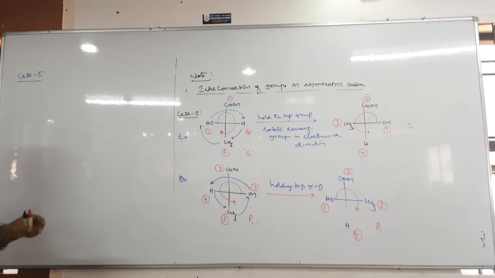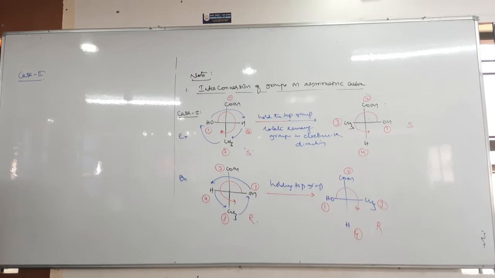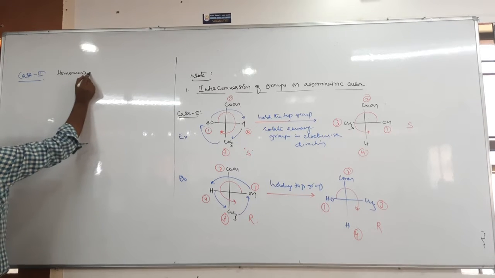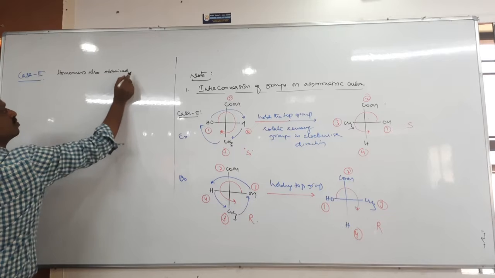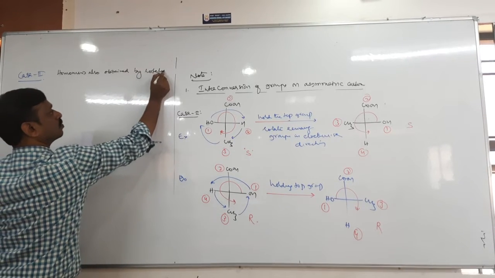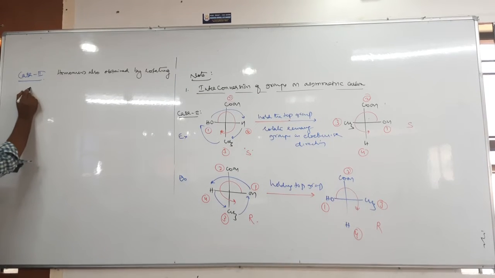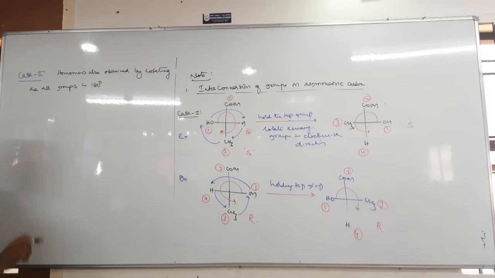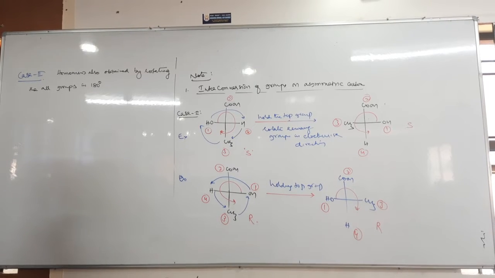Second case: homomers are also obtained by rotating all the groups by 180 degrees.